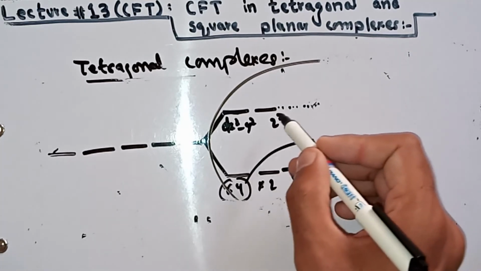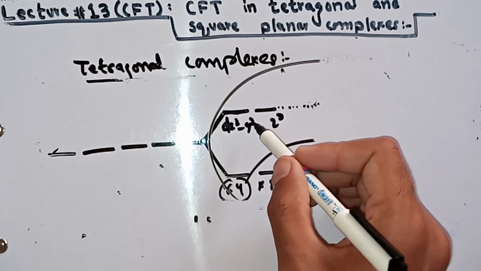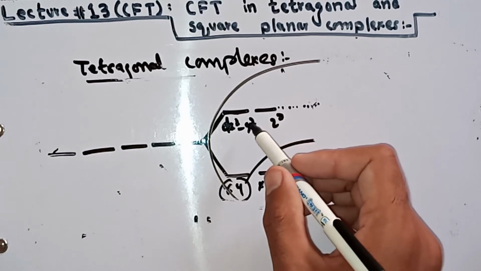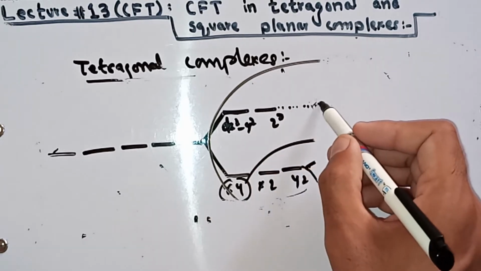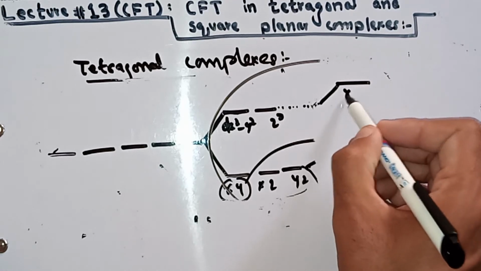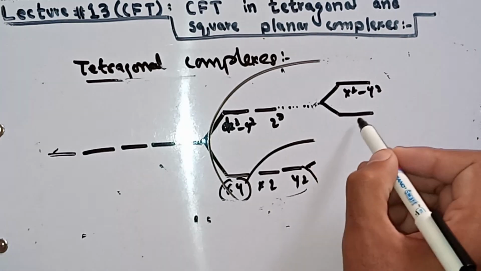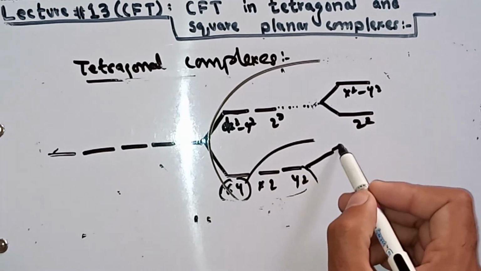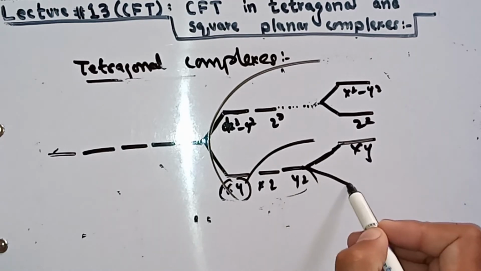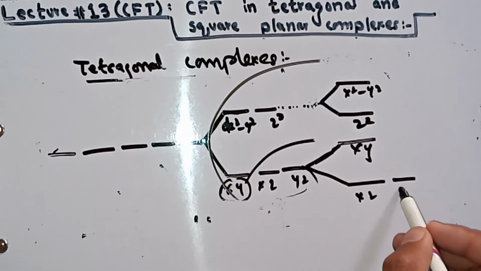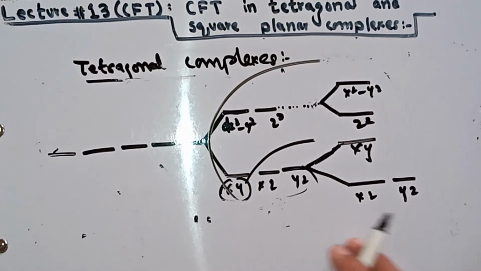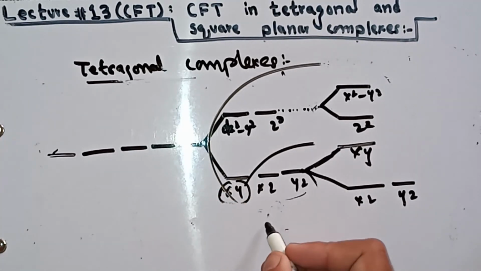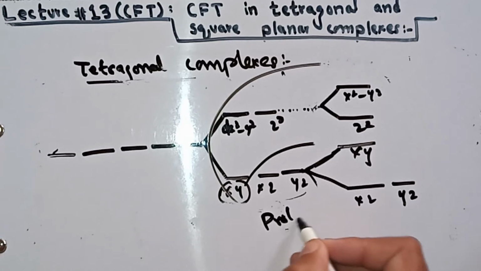The dx square minus y square energy will be increased because the ligands in the xy plane are stronger ligands, so the x square minus y square energy is increased, while the energy of z square will decrease. Similarly, the energy of xy, because it is in between, will increase, while the energy of xz and yz will decrease and be degenerate. So this distortion will occur in prolate geometry.